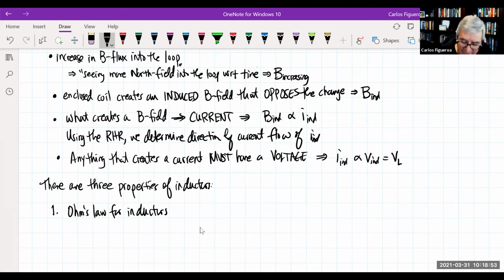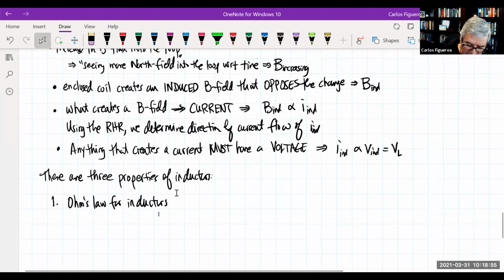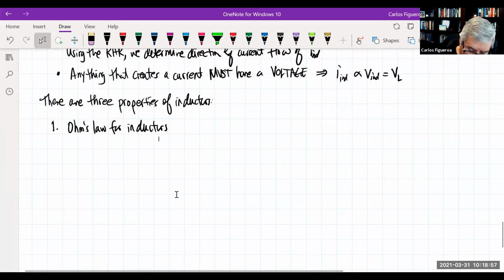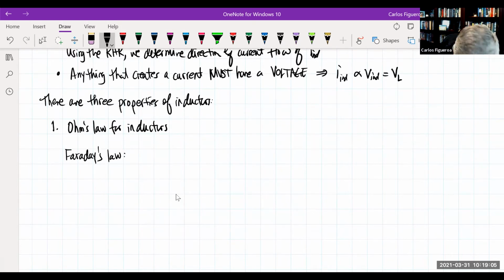So if we start off with Faraday's law, the inductor voltage is going to be minus the rate of change of the magnetic flux.